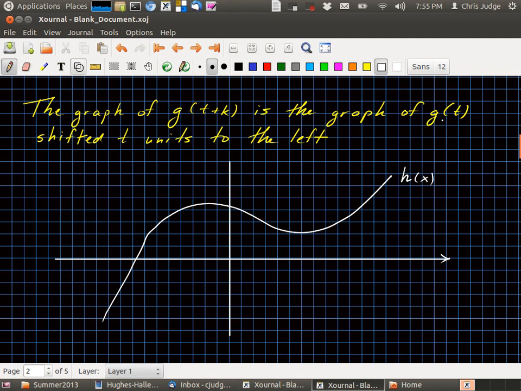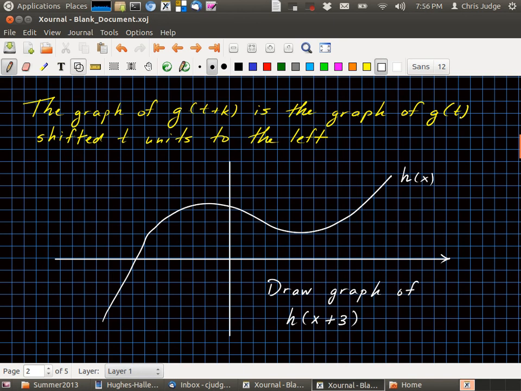It'd be the graph of h of x shifted k units to the left is the same as the graph of h of x plus k. So now, the question asks, draw or sketch the graph of h of x plus 3.